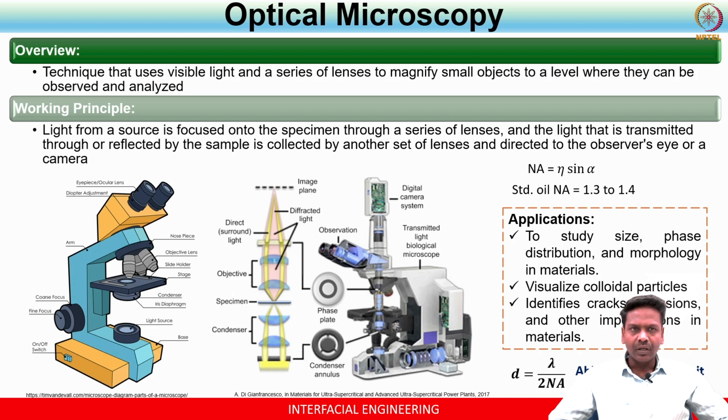You can also fit a digital camera, collect those images and project them directly on the computer screen. You can also record video of the live cells, right? That is also possible. You can also capture a snapshot of the samples using this digital camera. Okay. So these are very much possible nowadays.